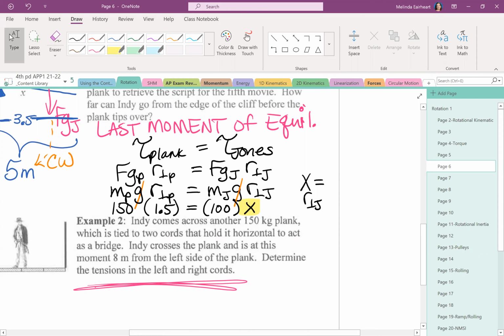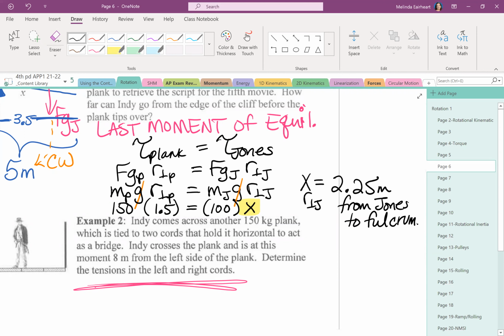They're grading your torque. .25 is from Indiana Jones's force to, just a reminder, lever arms are not measured from center of mass. It's with the fulcrum or hinge or axis of rotation. And that's the answer. They said, how far from the edge of the cliff? We put the fulcrum at the edge of the cliff. So that is our final answer here.